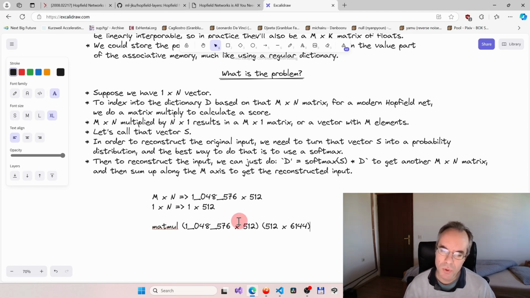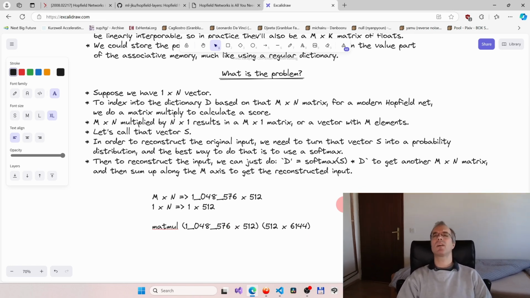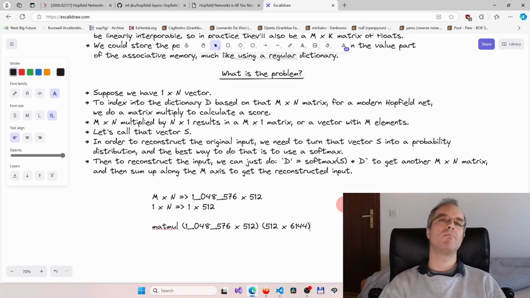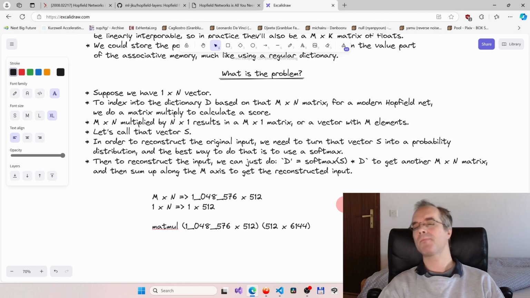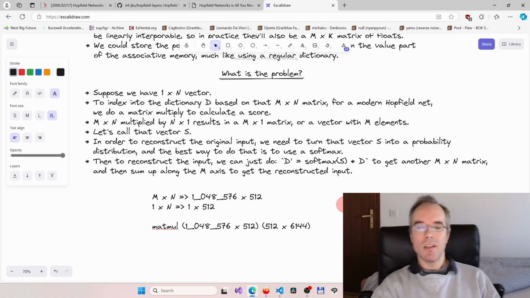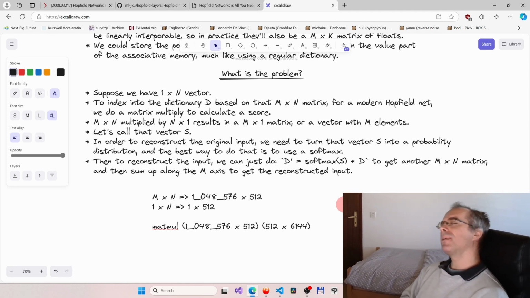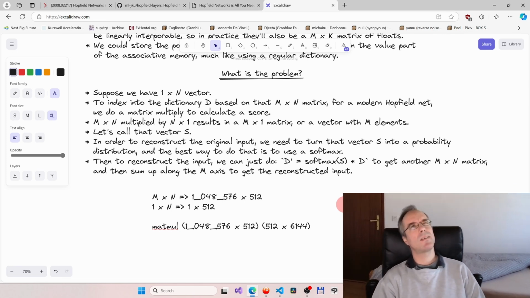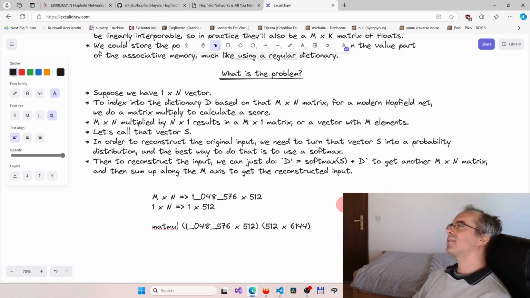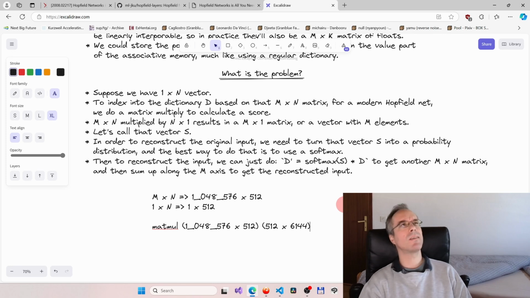The resulting output would be something like 6 billion elements at the very least. And I'm not sure how long this would take, but probably at least seconds, maybe tens of seconds to churn through all of this. So this is the main problem, and why I didn't really take this method seriously.